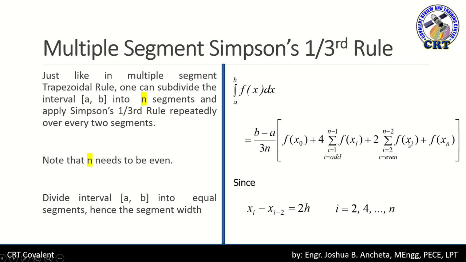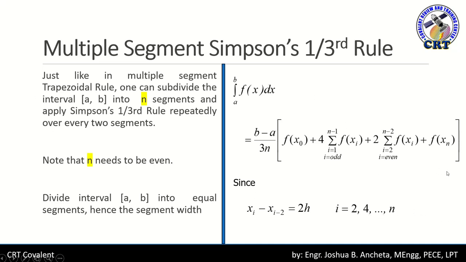So this is f(x2), f(x4), f(x6), and so on, except the last or the upper limit. Plus f(xn), representing the upper limit. Since x(i) minus x(i-2) equals 2h, i is even numbers only. You can set i equal to even numbers such as 2, 4, up to n.